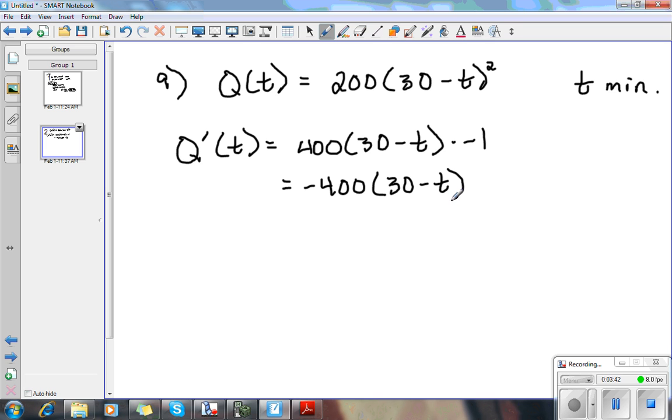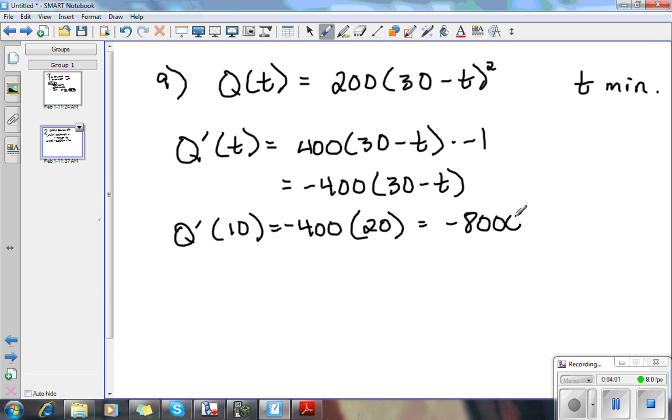And the question was, at the end of 10 minutes, how fast is the water running out? So I need to know Q prime of 10. So I'm going to plug a 10 in there. So I get negative 8,000.